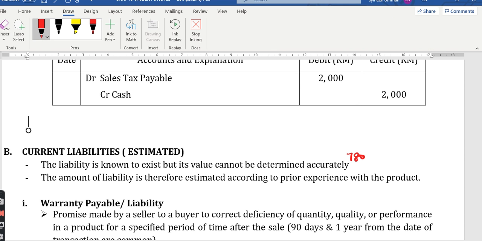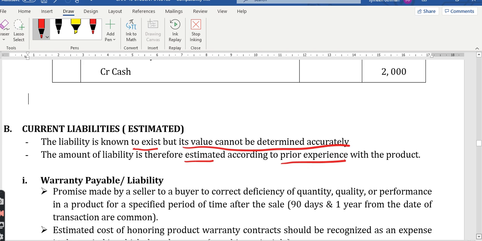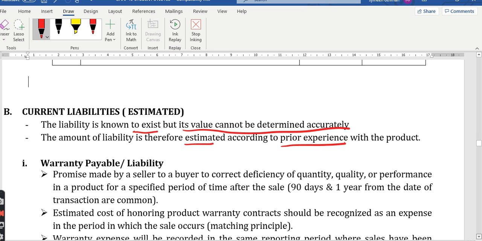Because the amount is not accurate: the liability is known to exist but the value cannot be determined accurately. It is based on your estimation, according to prior experience with the product. The example here is warranty payable.